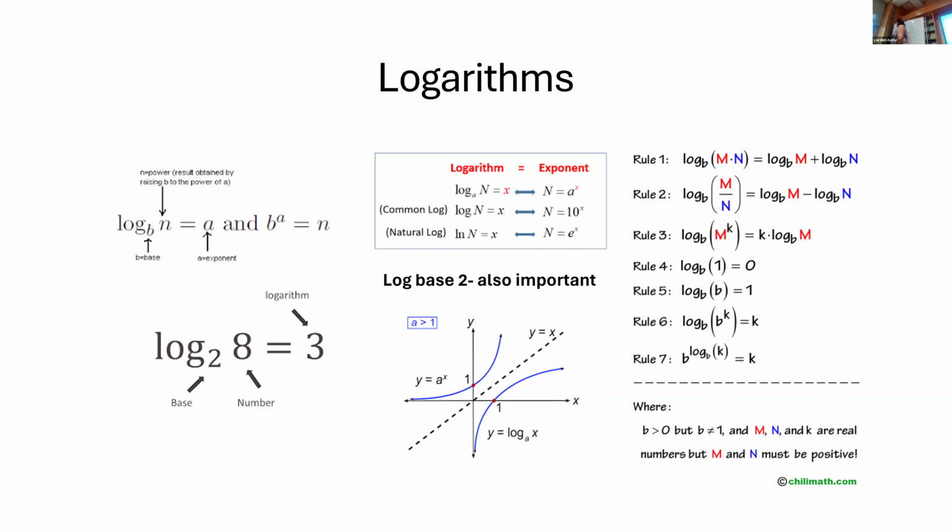If you have, for example, log base 2 of 0, what power should 2 have to be equal to 0? Yeah, it's impossible. So for this reason, here it's always greater than 0.